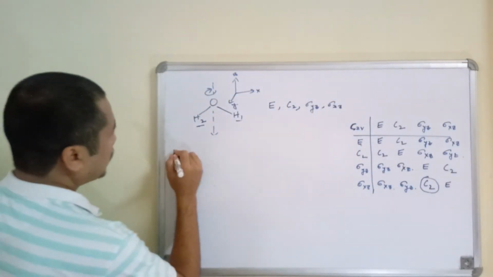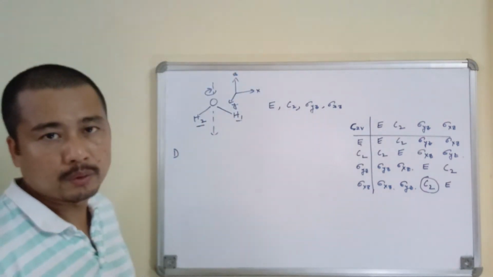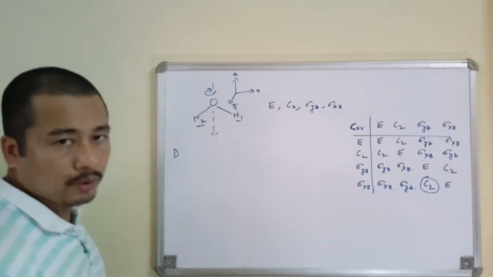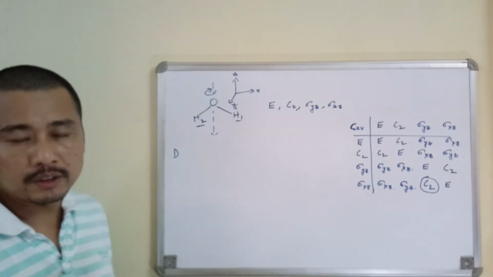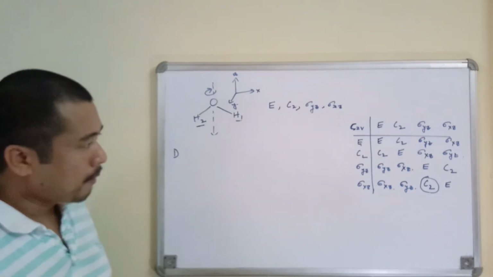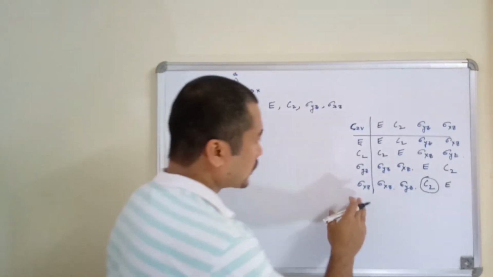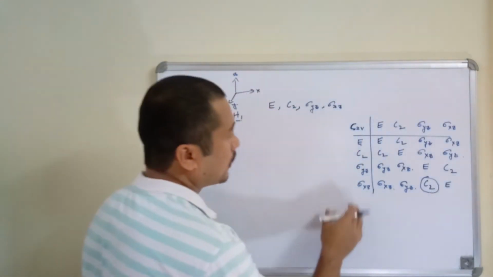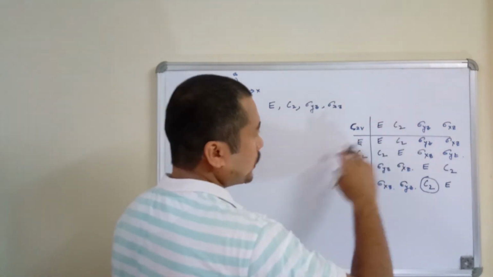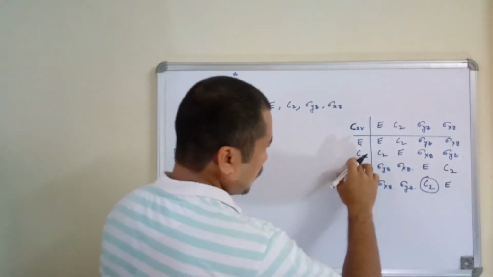Now we will see if all the rules of mathematical group are satisfied here or not. The first rule says that the product of any two symmetry operations, or the square of any symmetry operation, should be an element of the group itself. It is obvious from the group multiplication table here, because we have multiplied all the symmetry operations with each other, as well as done the square.